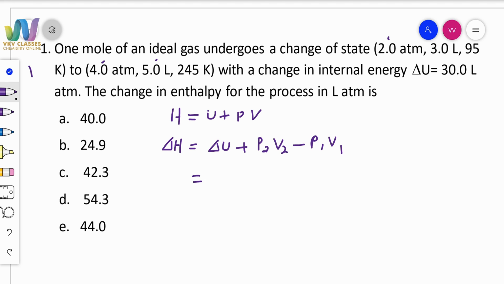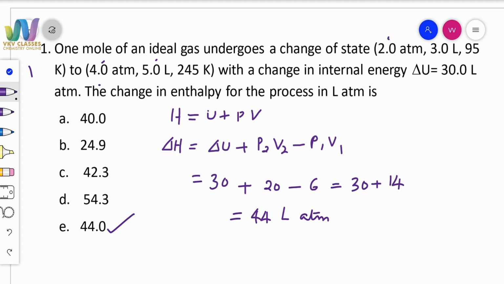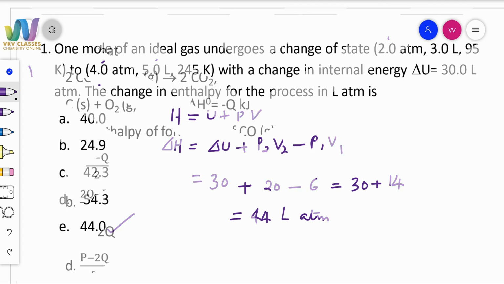So this will be equal to 30 liter atmospheres plus P2 V2, that is 20, minus P1 V1, that is 6, equal to 30 plus 14. This is equal to 44 liter atm. So choice E is the correct answer.